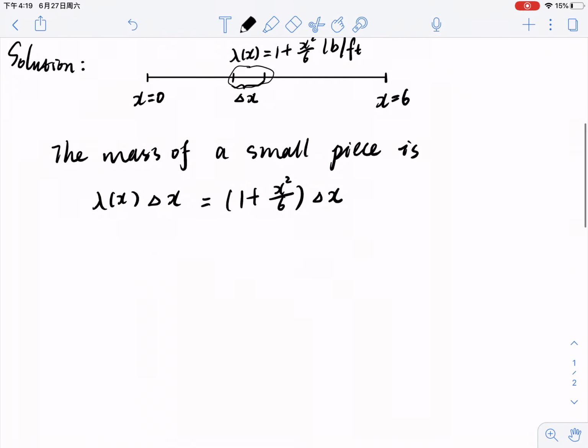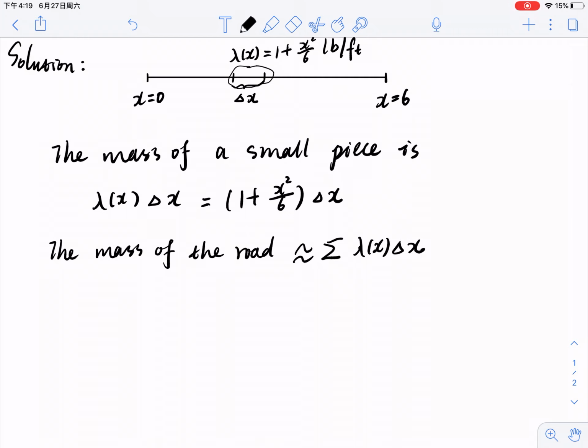We get the mass of the rod is approximately equal to the sum of lambda(x) delta x. We add together the mass of all the small pieces.